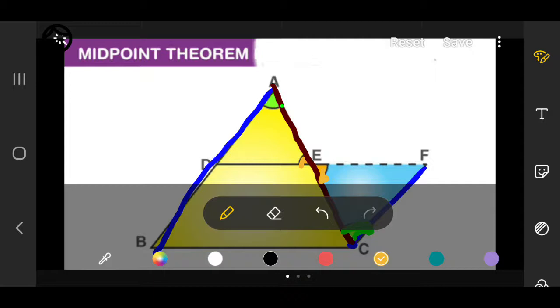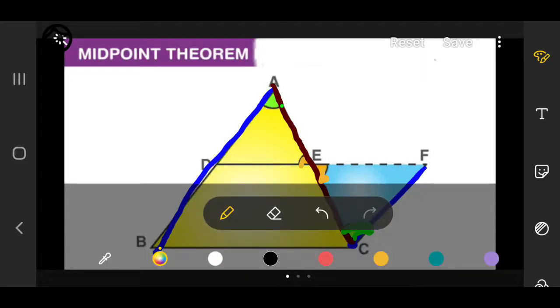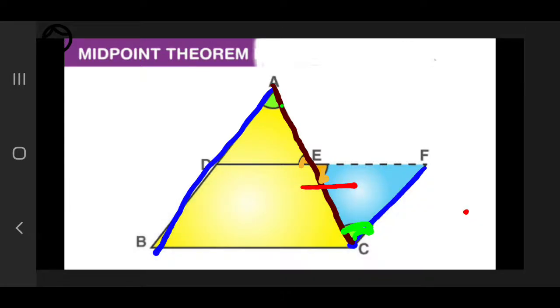Then we already know that E is the midpoint of AC, which means AE equals EC.